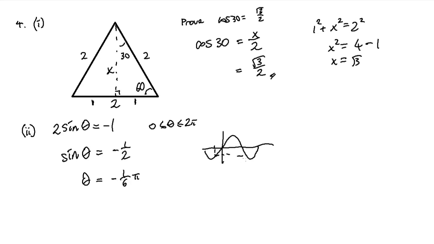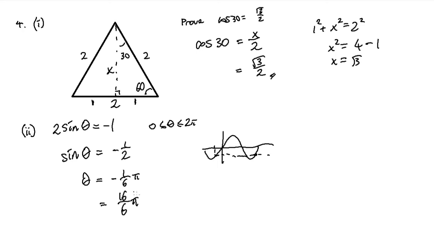And if you draw over the line, then between 0 and 2 pi, you've got 2 points. And the way you find these 2 points is by adding 2 pi, you shift the whole curve to the right, so you get this point. So let's do that. Add 2 pi. You get 11 over 6 pi.